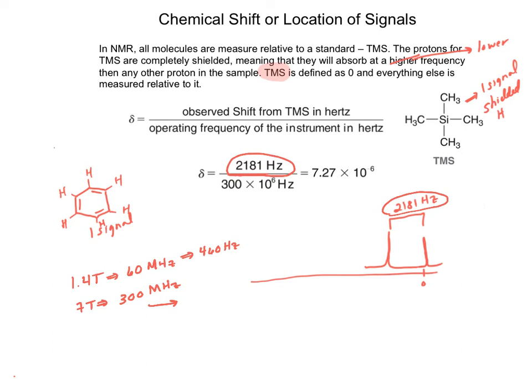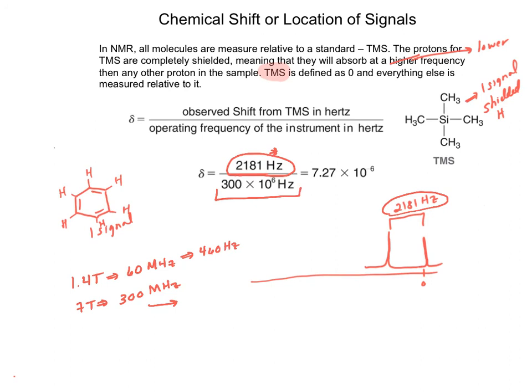We don't like that, right? Because again, what we're going to be seeing is dependent on the overall operating frequency of the instrument, okay? So to get rid of that, so that we can always be reporting the exact same number, no matter the type of instrument that we're using, we define what is called chemical shift, right? For chemical shift, we take the shift relative to TMS in whatever instrument we're using, and we divide it by the operating frequency of the instrument, okay?